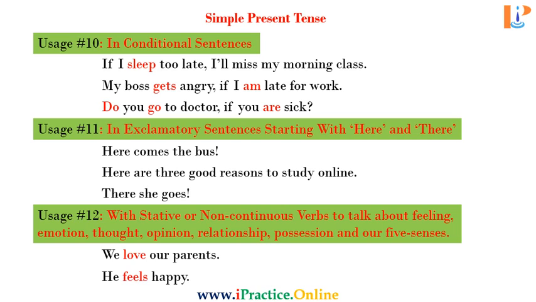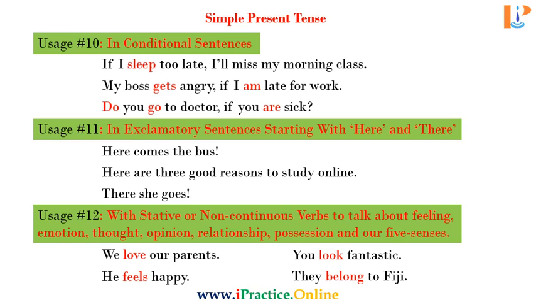Can you see the action, what is happening? No, we cannot. So that's why these are stative verbs, and with stative verbs, we use simple present tense. Another example, you look fantastic. They belong to Fiji.